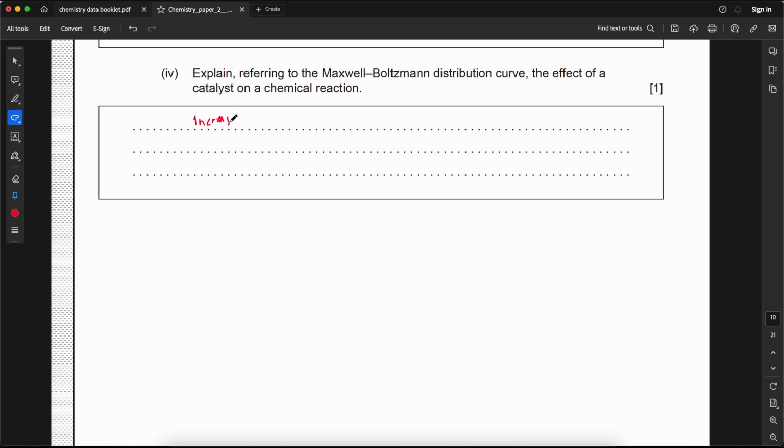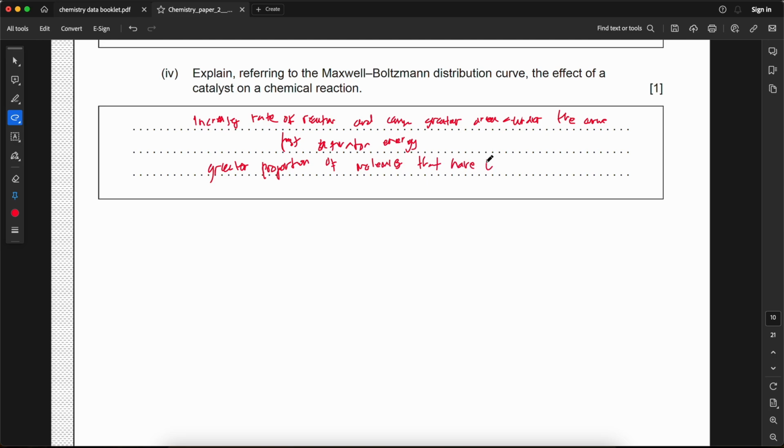Obviously, it will increase the rate of reaction and cause a greater area under the curve past activation energy, or you can say a greater proportion of molecules that have energy bigger than or equal to the activation energy without catalysts.